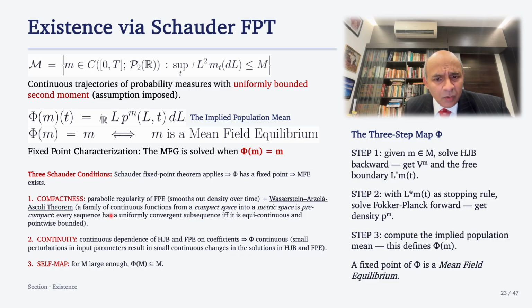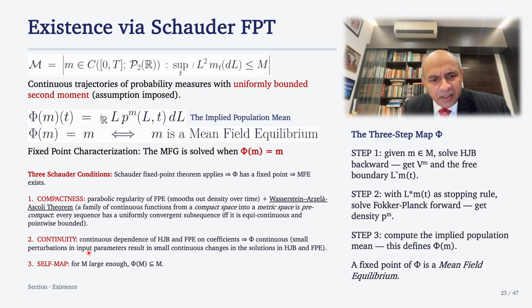Plus, we've got the Wasserstein-Arzelà-Ascoli theorem, where a family of continuous functions from a compact space into a metric space is precompact. Every sequence has a uniformly convergent subsequence if and only if it is equicontinuous and pointwise bounded.